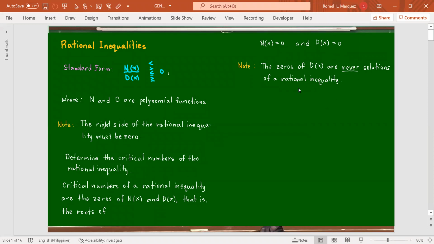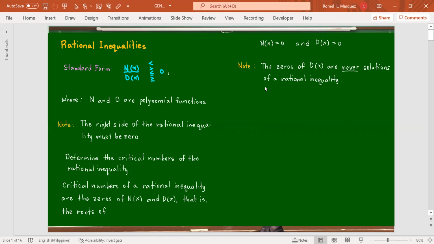Okay, guys? Very good. But the zeros of the numerator can possibly be solutions. When will the zeros of the numerator be solutions of the rational inequality?